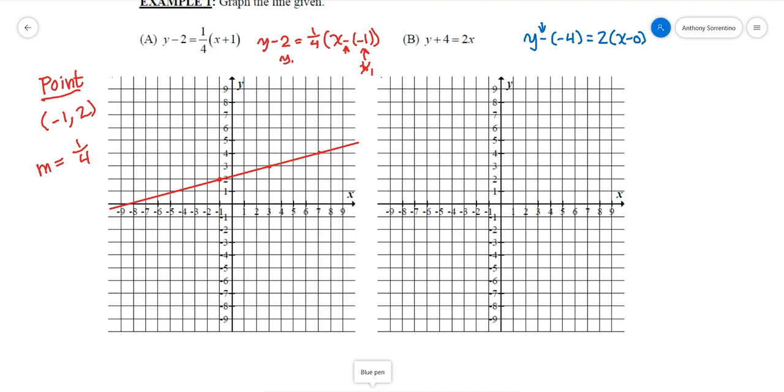I could have also just as easily converted this to y equals 2x minus 4 and have it in slope-intercept form.